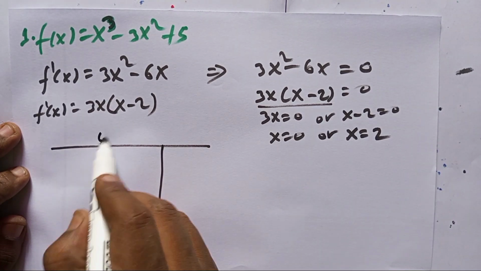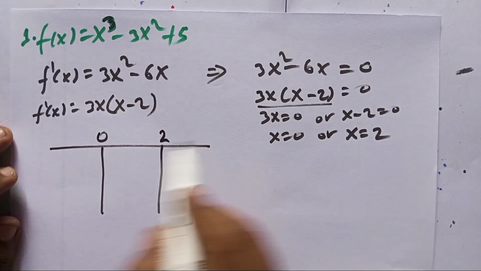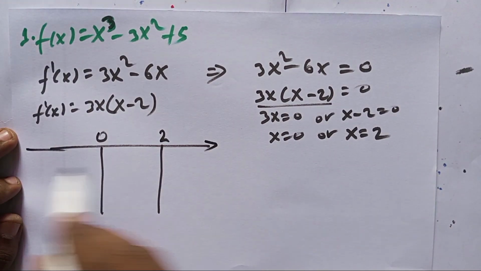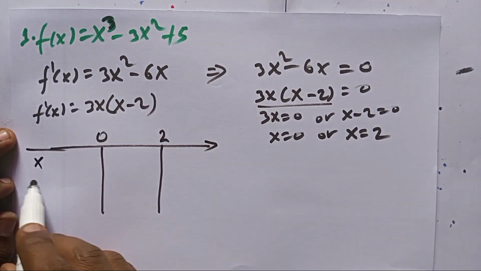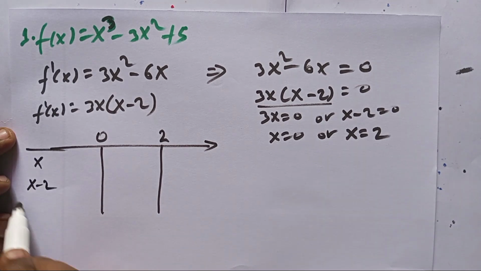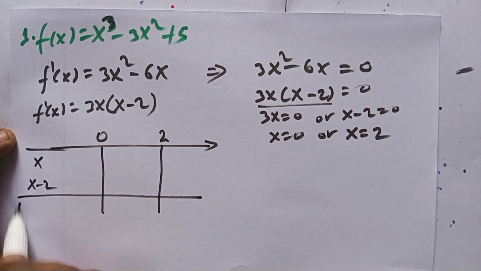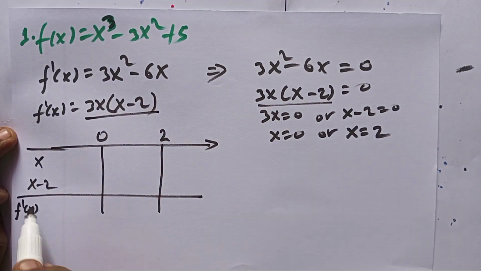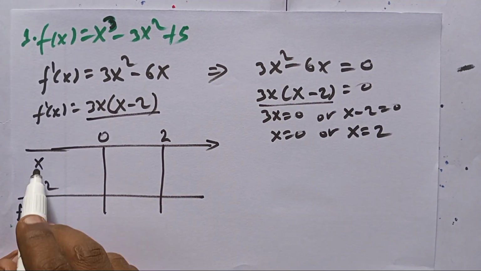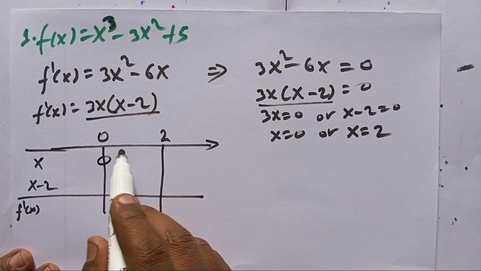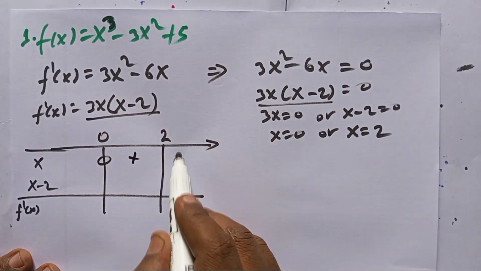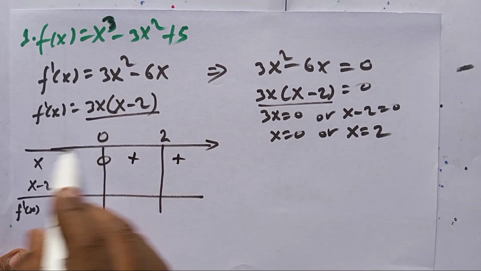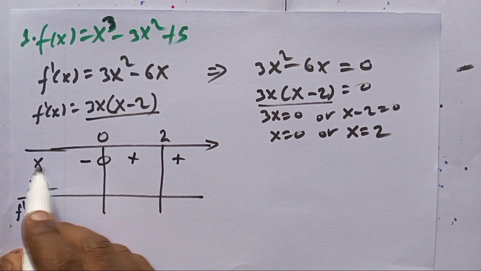Taking the sign chart, here we have on the left 0, on the right 2. Then we have x and x minus 2. Then take here the first derivative, f prime of x. That means the product of these. Take x: at 0, then substitute any number greater than 0, which is positive, and a number less than 0, which is negative.